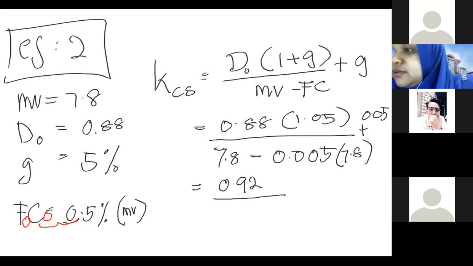Okay, good. 0.005 times 7.8 is 0.039. Okay.